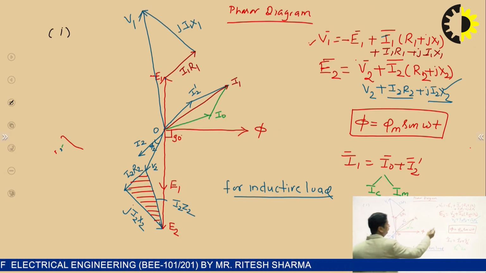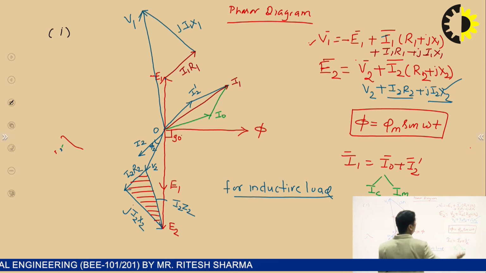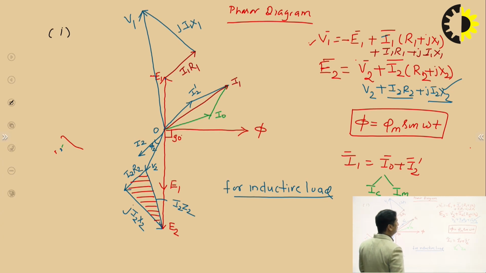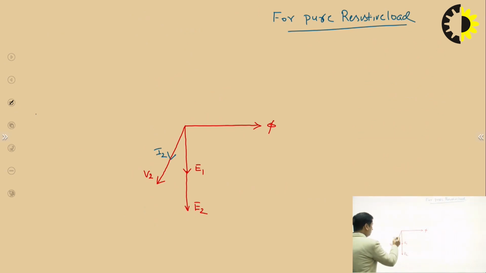So first, E2 will be equal to V2 plus I2 into R2, because if we write the equation for that, E2 must be equal to V2 plus I2 R2. This I2 R2 drop will be in the phase of I2, and I2 is in phase with the voltage.